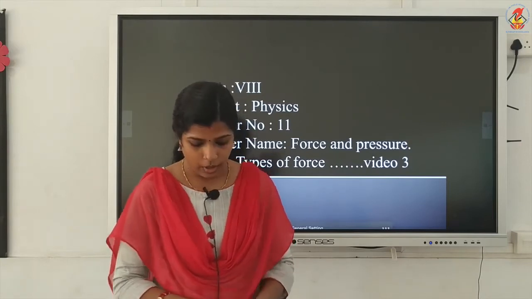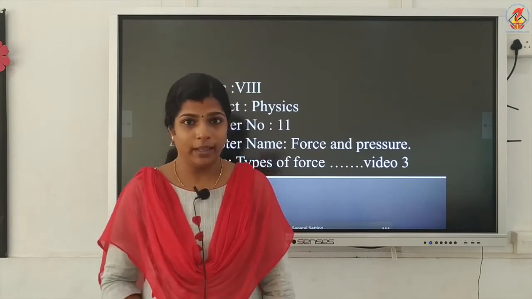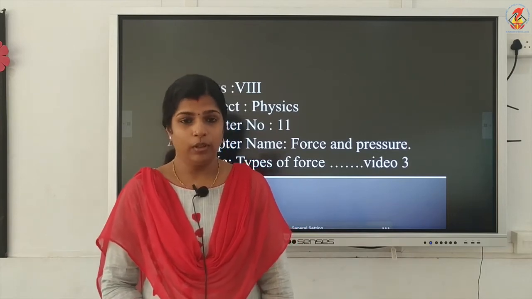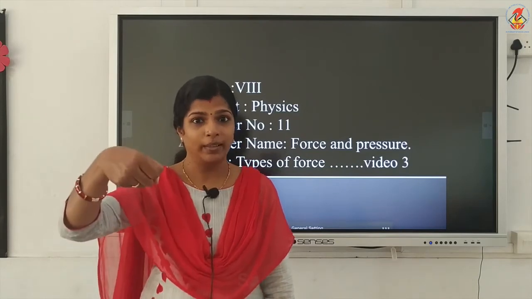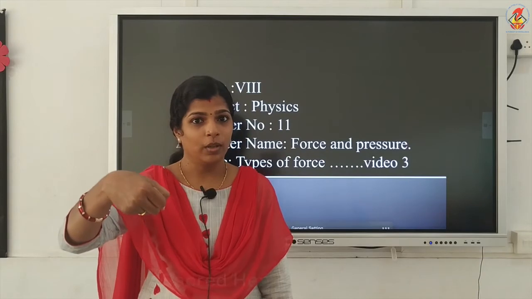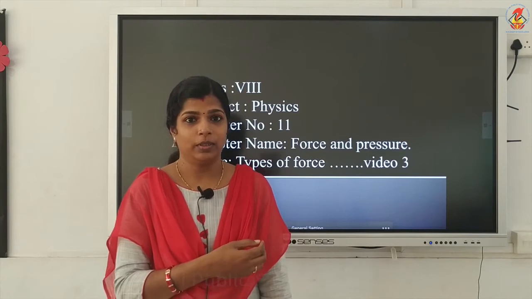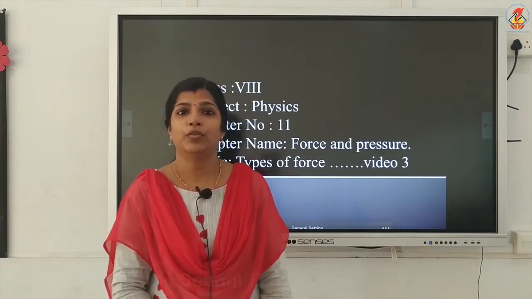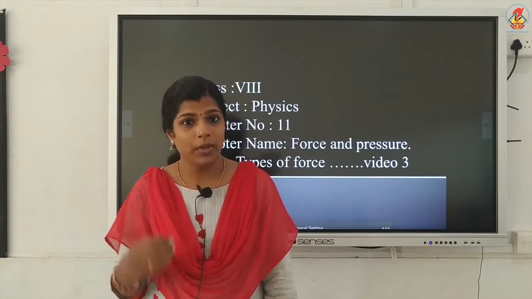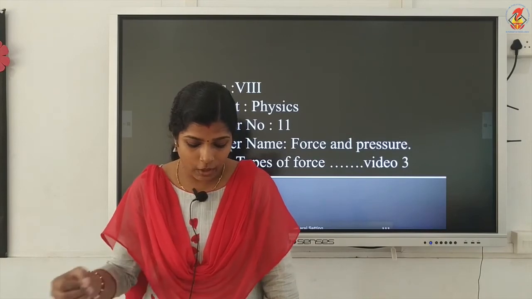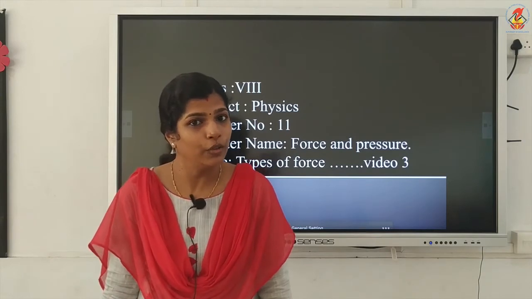frictional force. Muscular force: when you lift your school bag or kick a football, you are applying a force with the help of your muscles. This force exerted by the muscles of our body is known as muscular force.